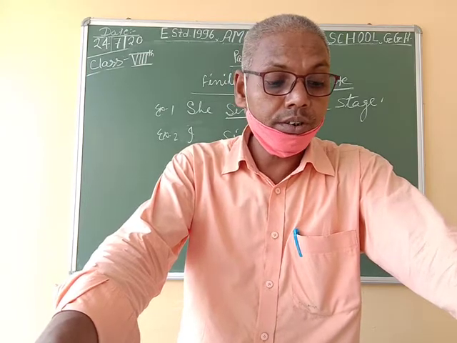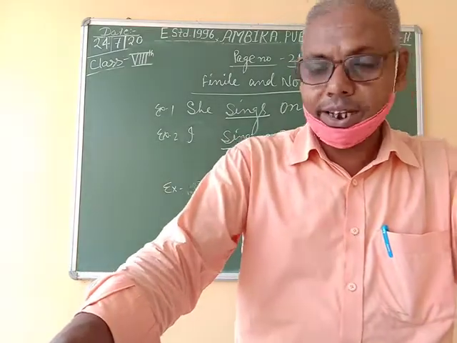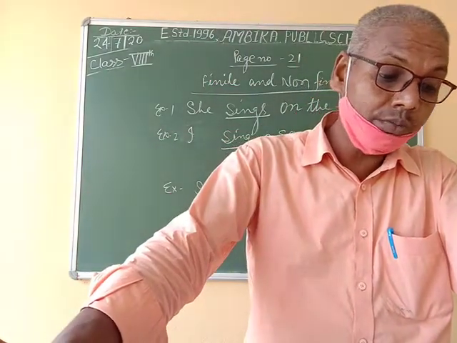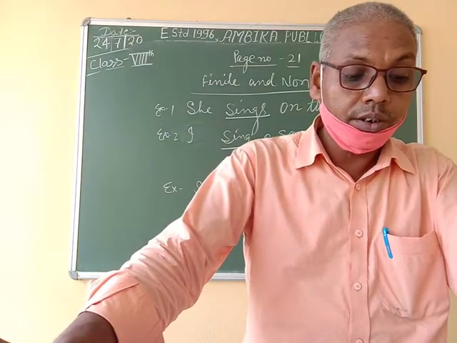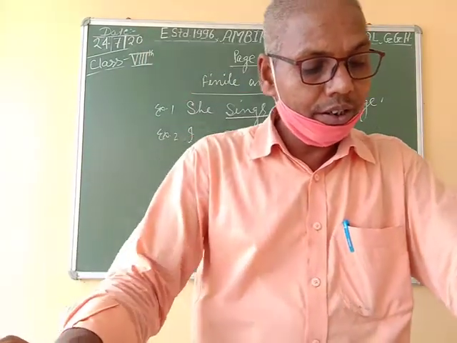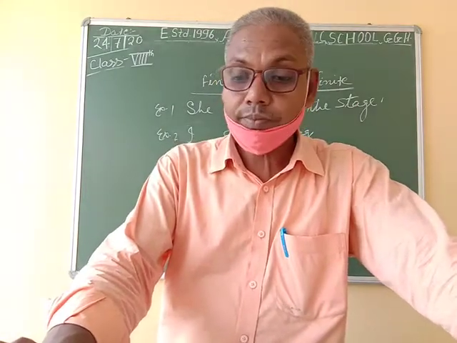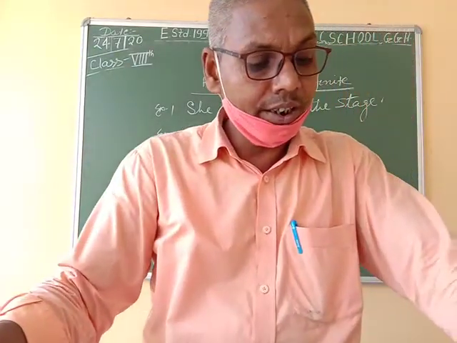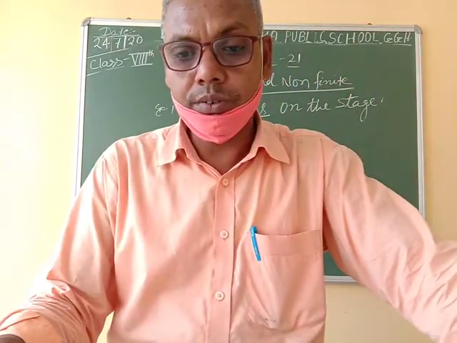Six sentences are given on page number 22 and you should try to solve them. After that you can understand whether the verb is transitive or intransitive, and through that concept you can decide very easily.